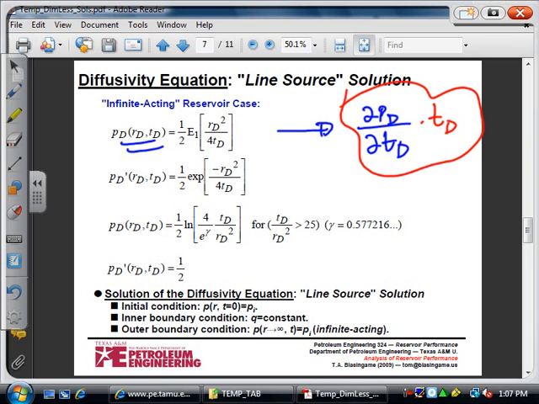And if you take this solution and the derivative of it, then you will end up with this: 1 over 2 exponential something. This is actually a function, but here you can assume something.